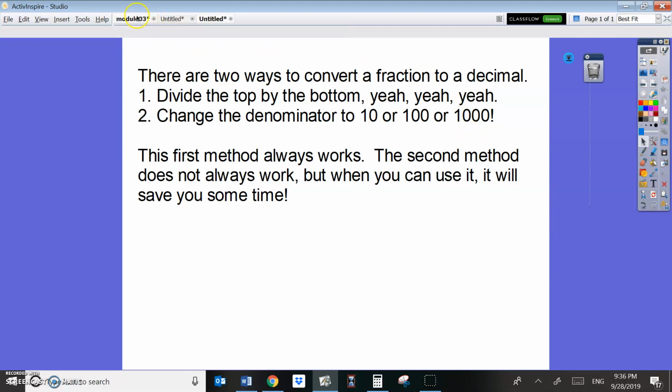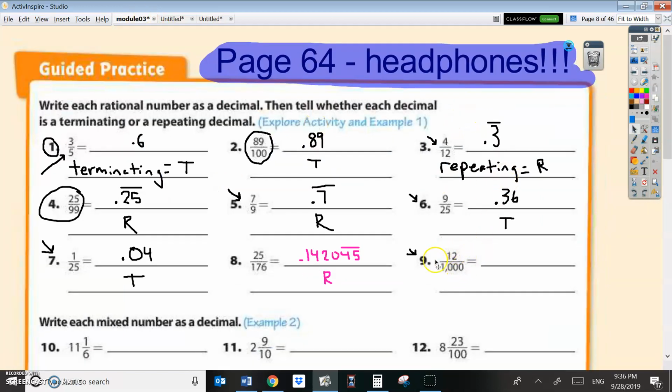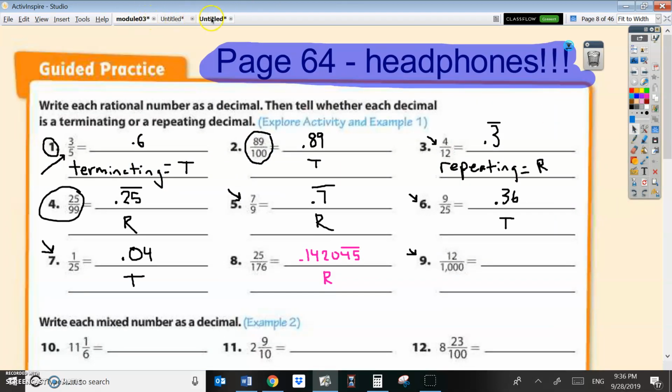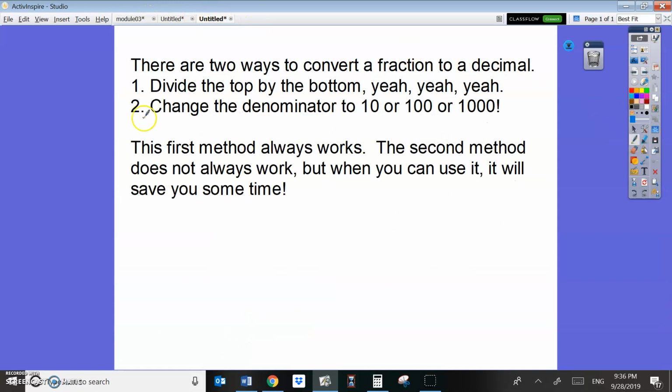So our problem here has 1,000 in it. So, is it 12 over 1,000? Yes. Could we convert it by dividing it? Yes. But why would you when you could do the simple way here?